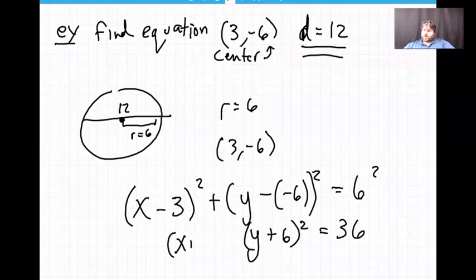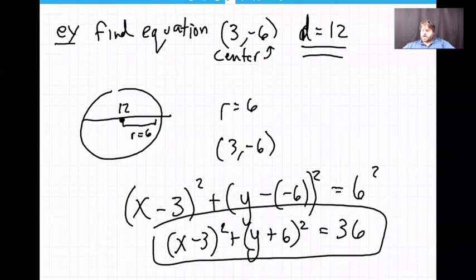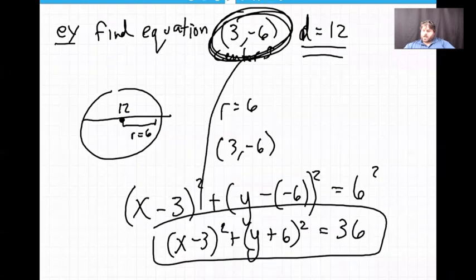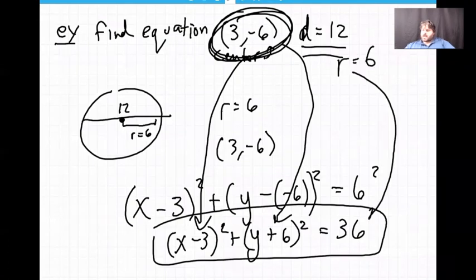And this is going to be our equation: (x - 3)² + (y + 6)² = 36. So just look at it real quick. Make sure you really get this. Positive 3 and negative 6 make a negative 3 and a positive 6 in the formula. And if the radius is 6, you'll see a 36, which is the radius squared, in the formula. Okay? Easy to get those messed up.